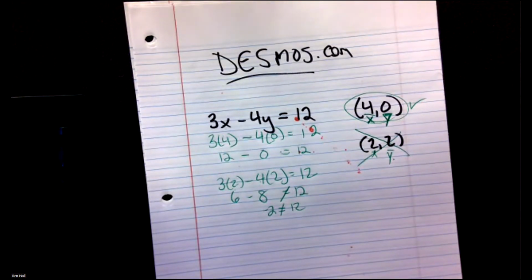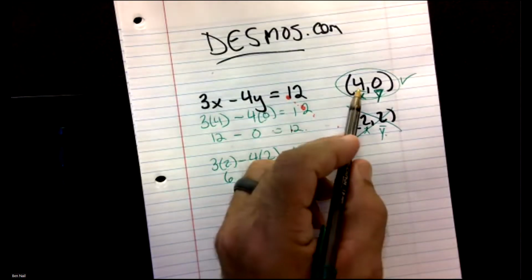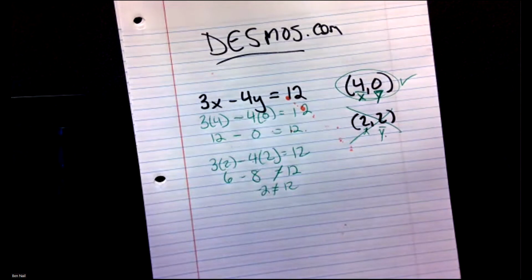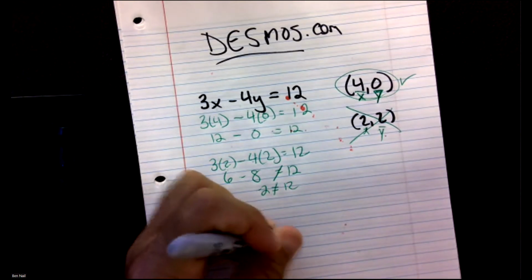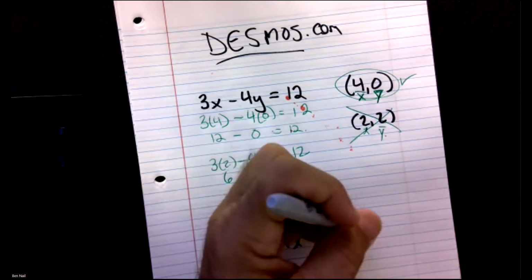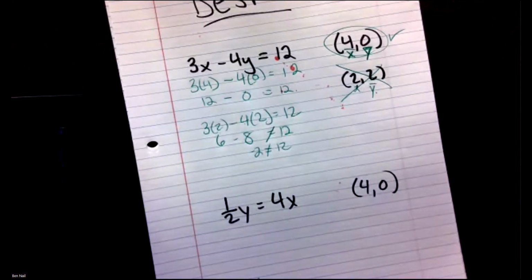So one of the first things they're going to ask you to do, one of the things you should be able to do, is verify, does a solution work? Again, the big thing is with this, make sure you're doing it in the correct order. Again, if they said 1/2 Y equals 4X, is this a valid solution?